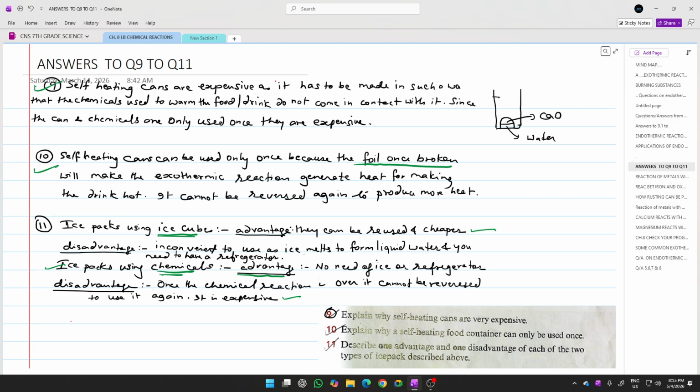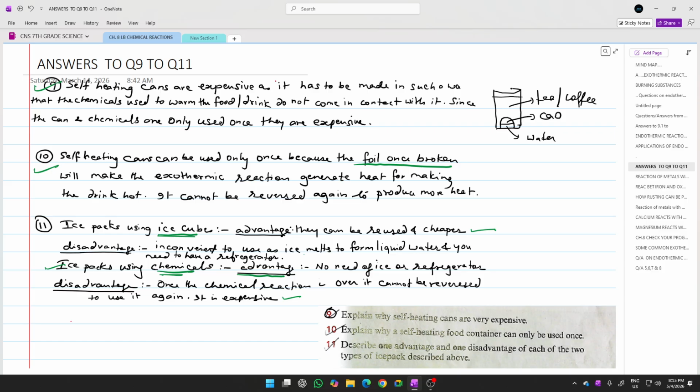In the remaining part of the can, the fluid, that is the tea or coffee, is kept.